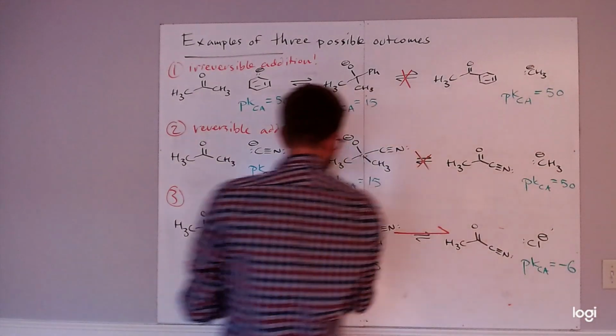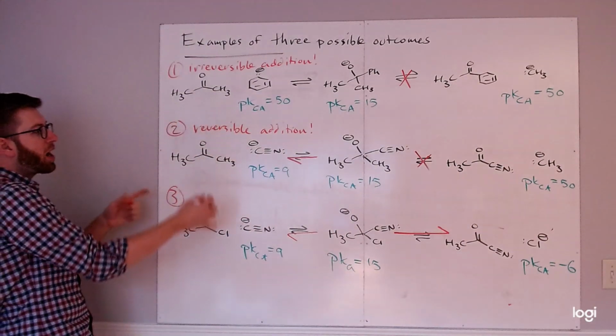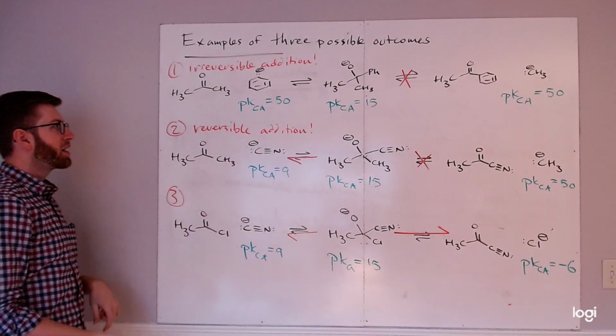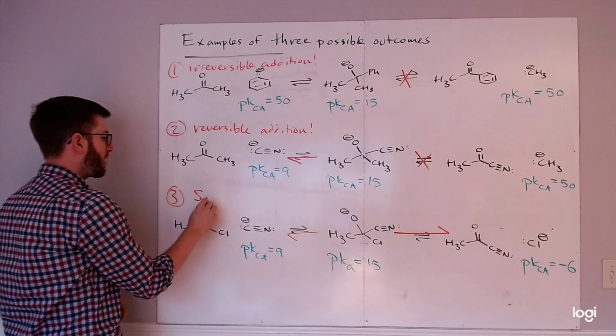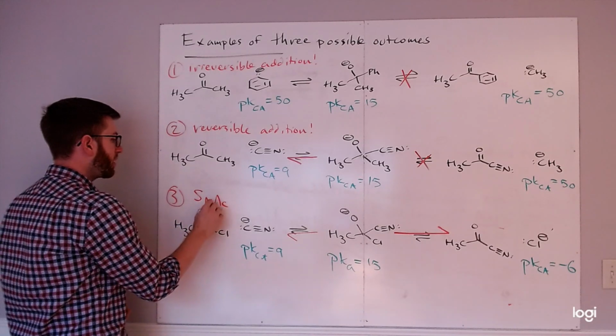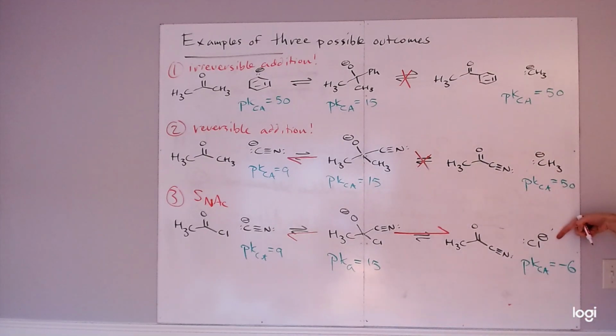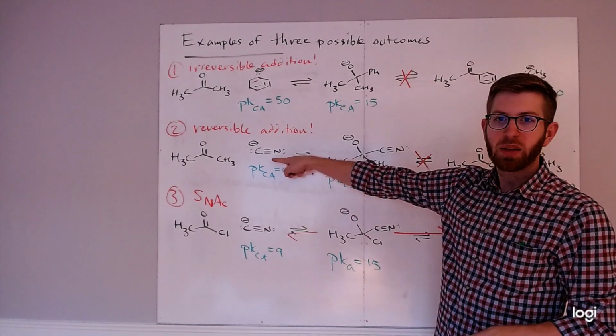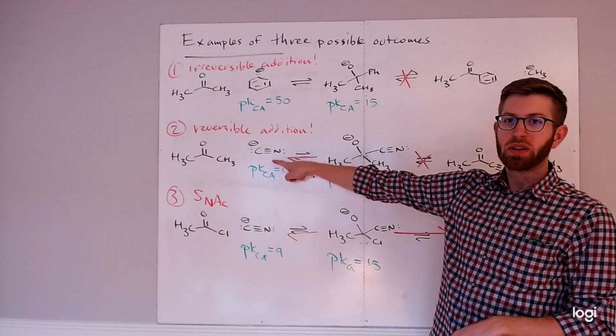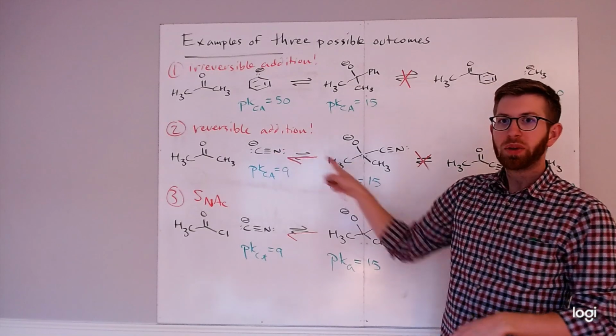Okay, so just to recap, we're always going to end up where the most stable anion is. So whether we're doing an SNAc reaction, in this case where the leaving group is highly, highly stabilized, we're going to end up here. If our starting materials contain the most stabilized anion, we don't really ever get started. We've got a little equilibrium here.